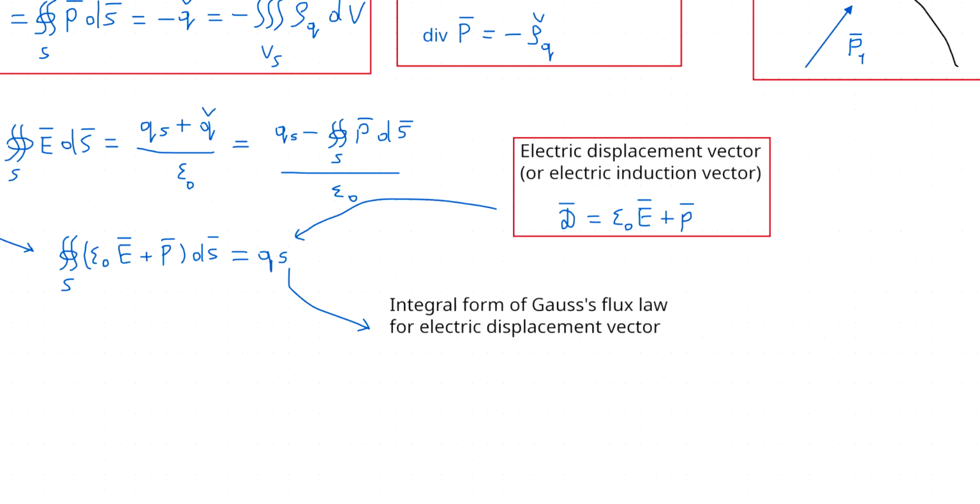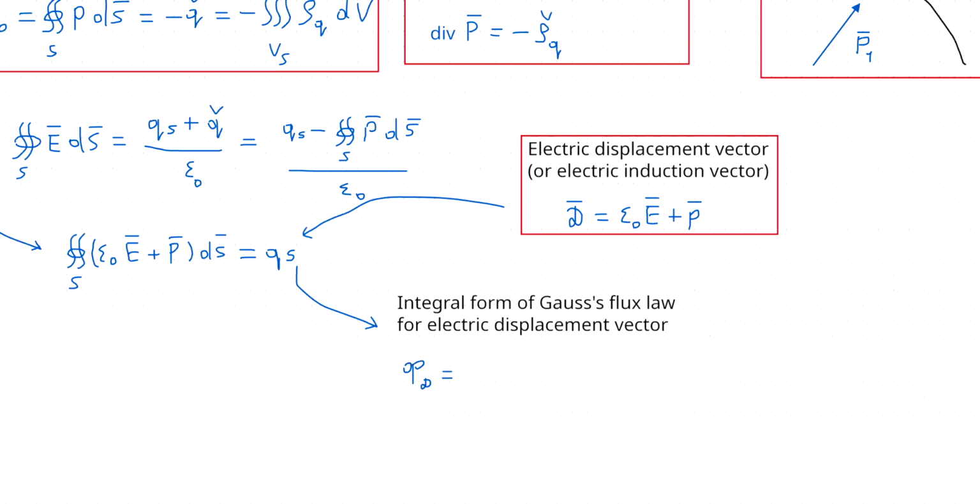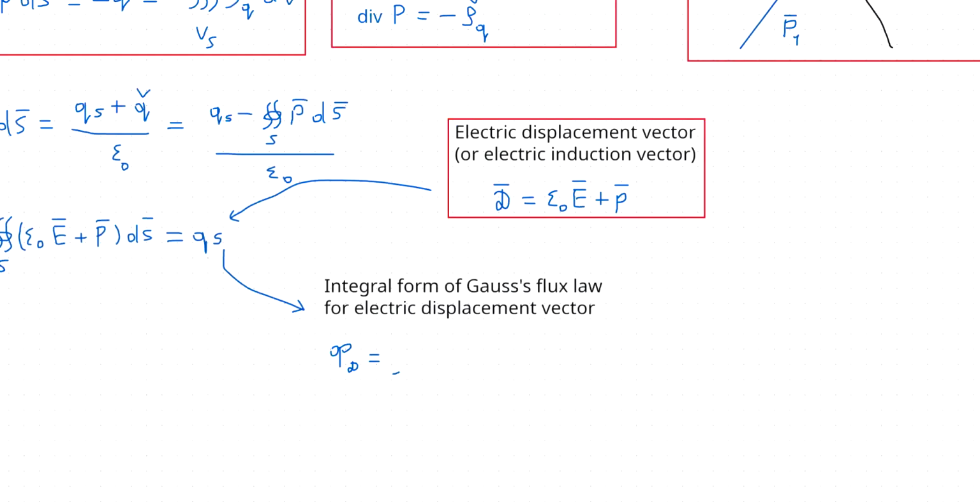So it will be the flux of D, which is equal to the surface integral D ds, and this will be the free charge inside closed surface S, and this will be equal to the triple integral of rho q dv.